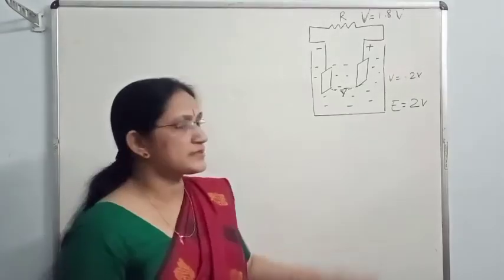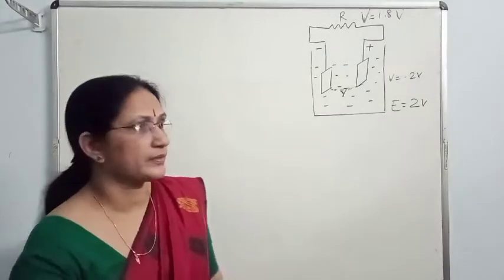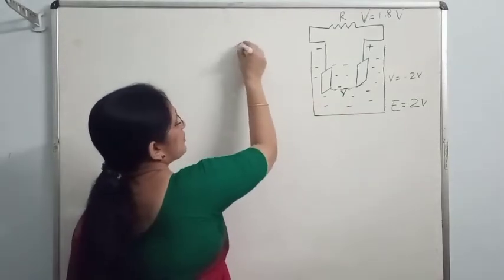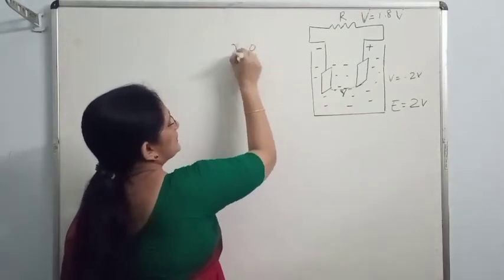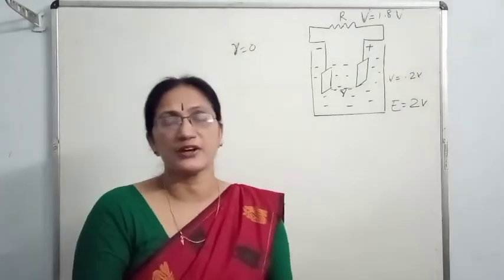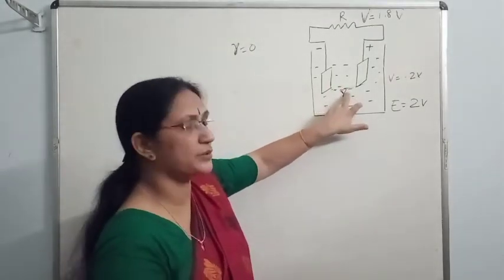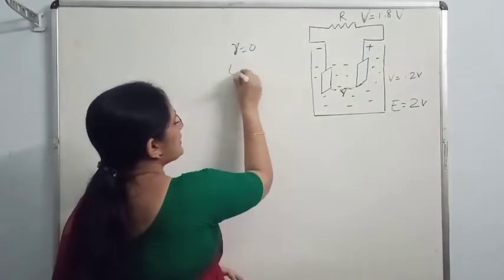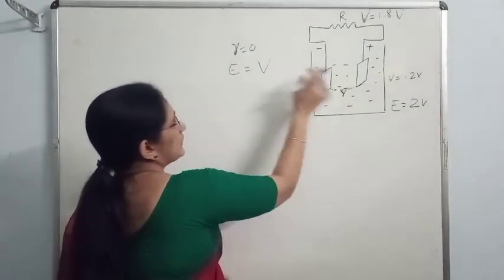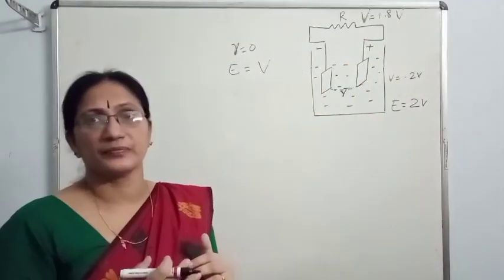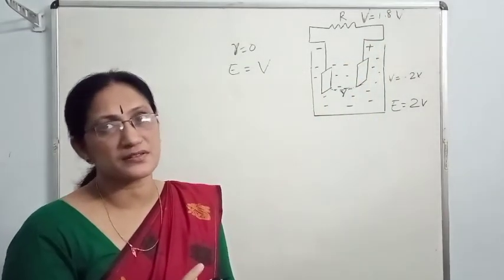Now if the internal resistance of a cell is 0, I mean if the cell has no internal resistance, we assume this resistance as 0. For such cells, E and V are equal. This EMF and terminal voltage will be equal if the internal resistance is 0.